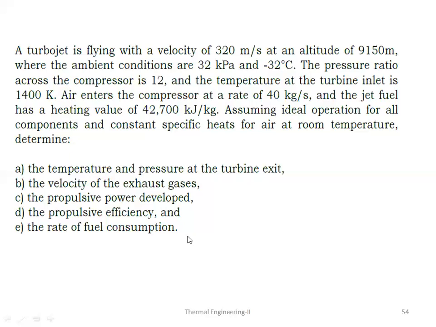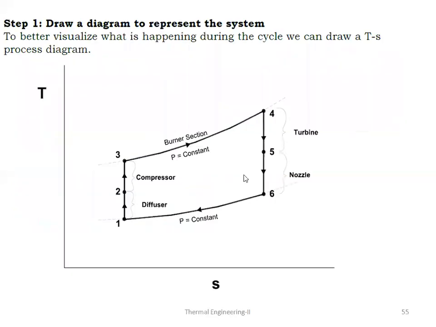Let us see that one by one. So this is the TS diagram for the open cycle gas turbine, and depending upon this TS diagram, the jet engine is working.